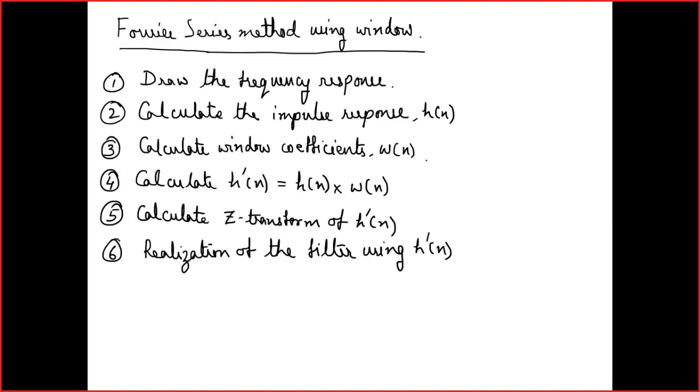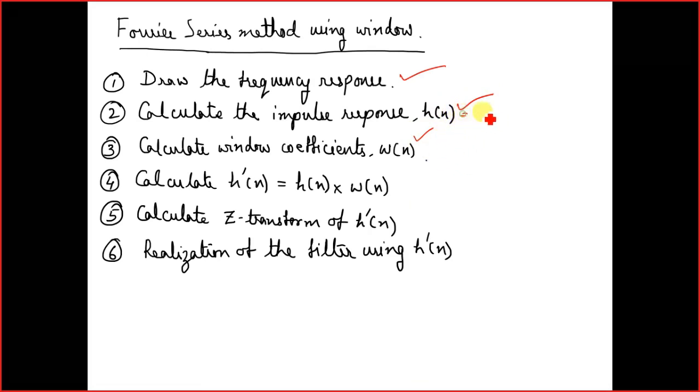So what I will do is discuss the next method of FIR filter designing. The next method is the Fourier series method using window. Just like in the first method, we have to draw the frequency response and calculate the impulse response. Once you have calculated the impulse response, we have to calculate the window coefficients.